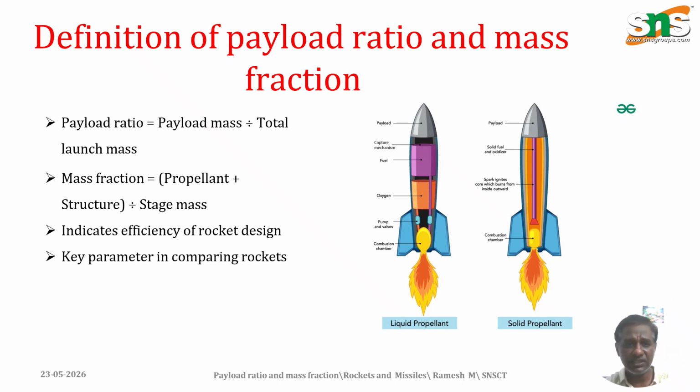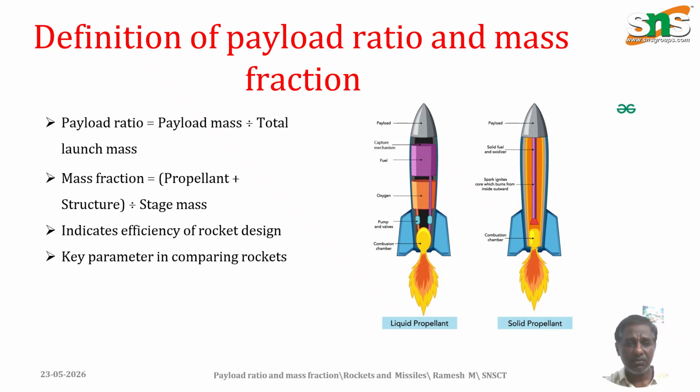Payload ratio is an important performance parameter in launch vehicle design because it directly affects the mission capability, launch economy, and overall efficiency. Engineers continuously attempt to improve the payload ratio by using lightweight materials, efficient propulsion systems, optimized structures, and advanced staging techniques.